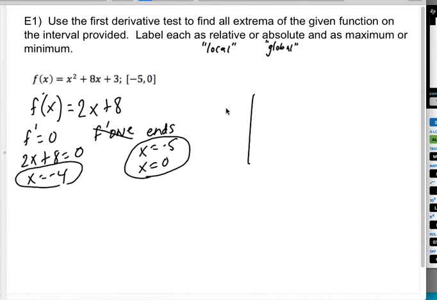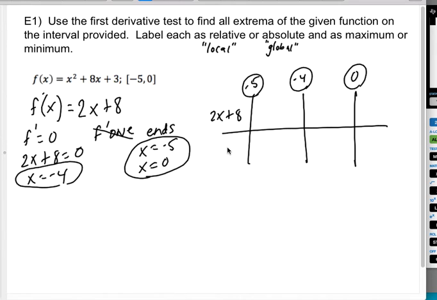So on my sign chart, I only have the one factor, which is 2x plus 8. I have a negative 5. I have a negative 4, and I have a 0. So from that, I'm going to get f prime, and then I'll use f prime to sketch sort of a basic graph of what f looks like. So I know that 2x plus 8 is a line with a positive slope, meaning if it is 0 at negative 4, then any value before that will be negative.